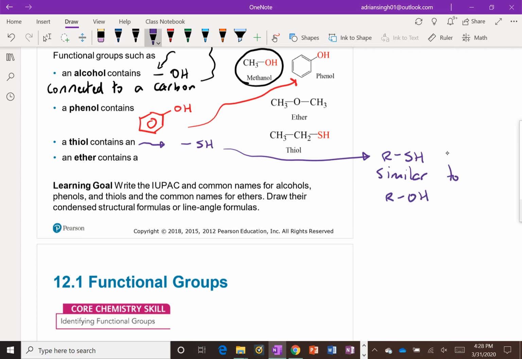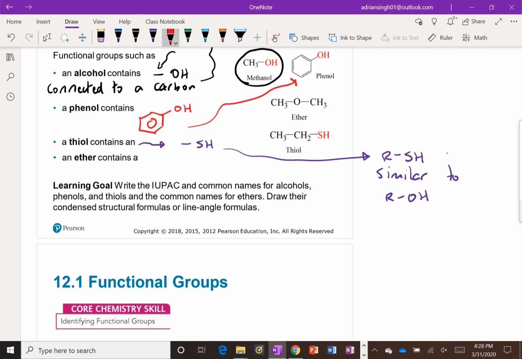They have a similar makeup and they look kind of similar. Instead of an O, there's an S in the thiol. And if you look where oxygen and sulfur are on the periodic table, that should make a little bit more sense to you, right? Oxygen is right above sulfur, sulfur is right below oxygen. They're in the same group.